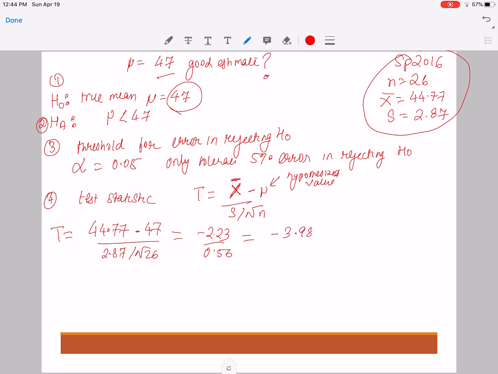So that's step number 4, to calculate the test statistic. Step 5 is to calculate the p-value for this test statistic.